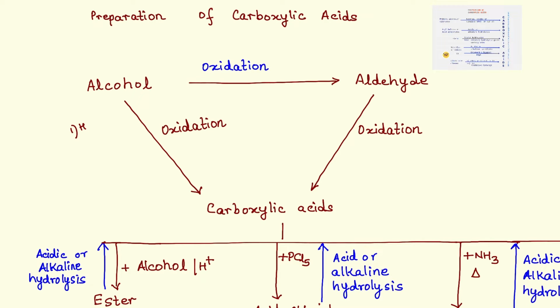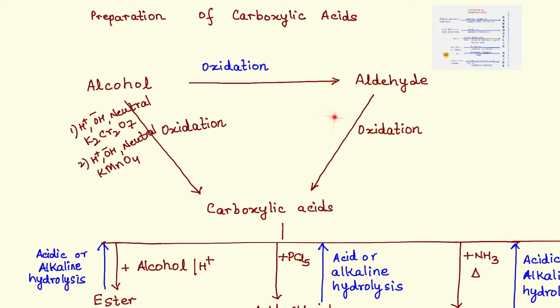So, you have acidic, alkaline or neutral potassium dichromate. We also used acidified, alkaline, neutral potassium permanganate. Now, any of these can be used to convert alcohols to carboxylic acids. Aldehydes can be converted to carboxylic acids even by mild oxidizing agents.